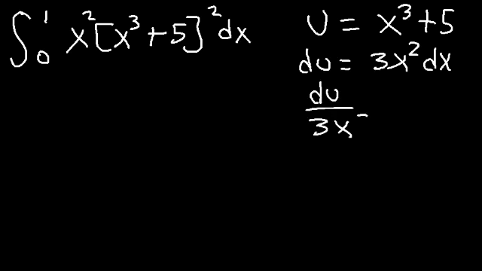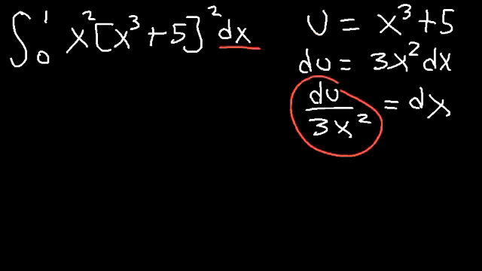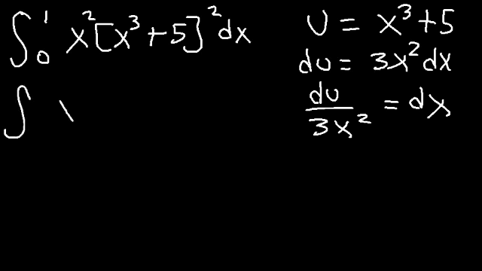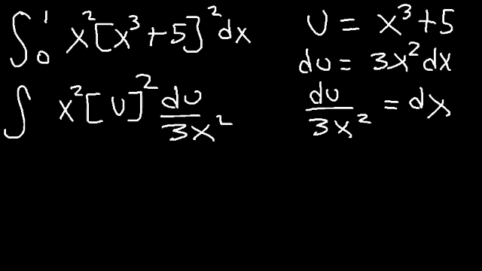Now let's solve for dx. dx is du divided by 3x squared. So what we're going to do now is replace x cubed plus 5 with u and dx with du over 3x squared. So this is going to be x squared times u raised to the second power and then du divided by 3x squared.